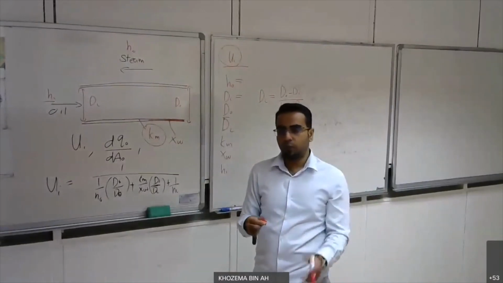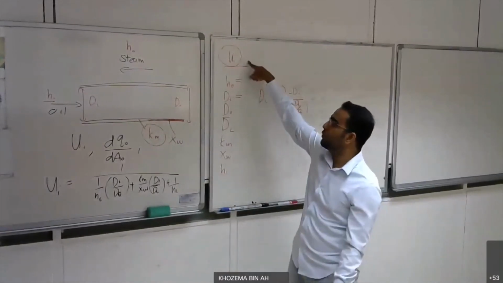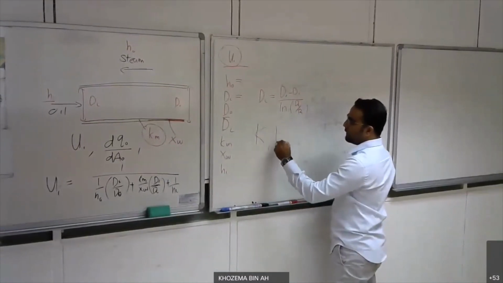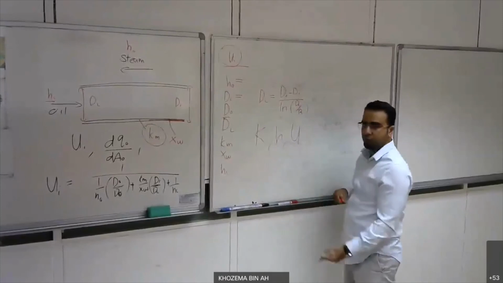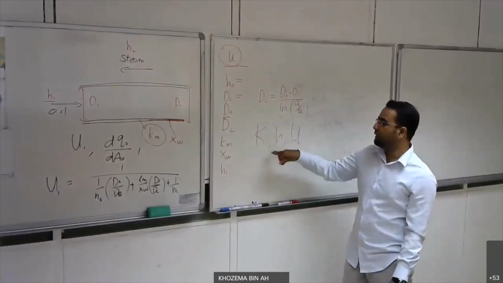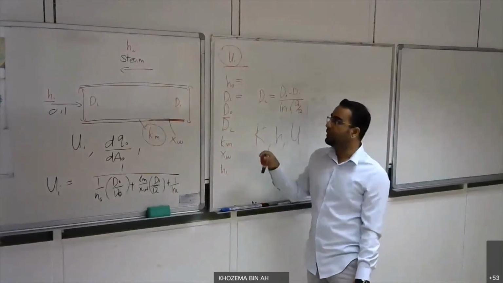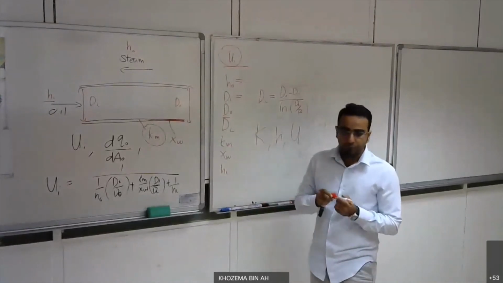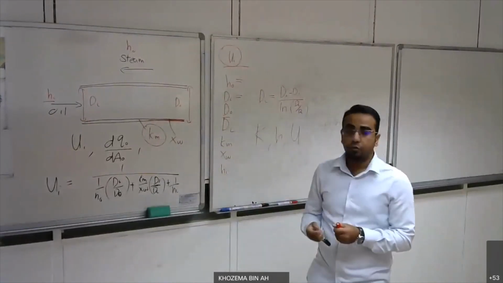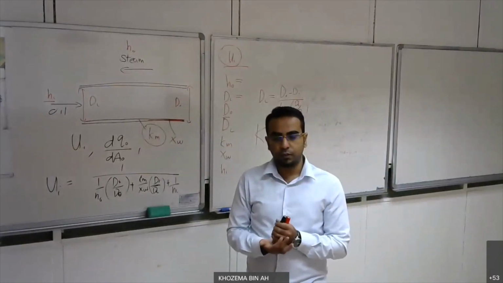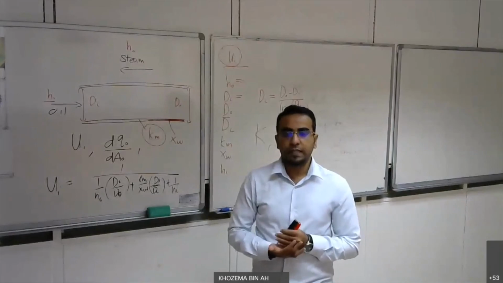From day one, we want to find the value of UI. That's why from day one, I told you K, H, and so we went through the steps on how to ultimately find the value of U. This U, the value of UI or UO, will be used in your second part where you design heat exchangers.